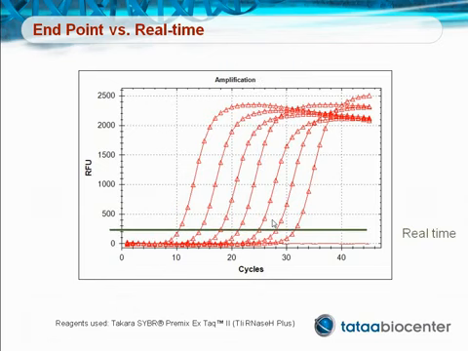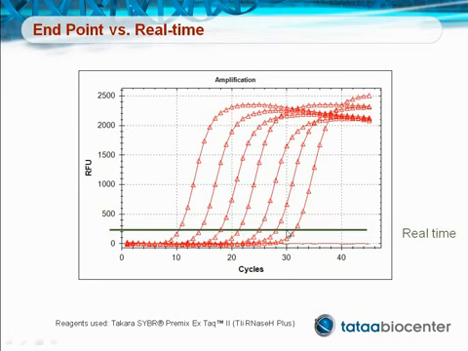If we instead compare the number of cycles required to reach a certain fluorescence threshold level indicated by the green line, which is equivalent to producing a certain amount of PCR product, we readily distinguish the signals from all the samples.